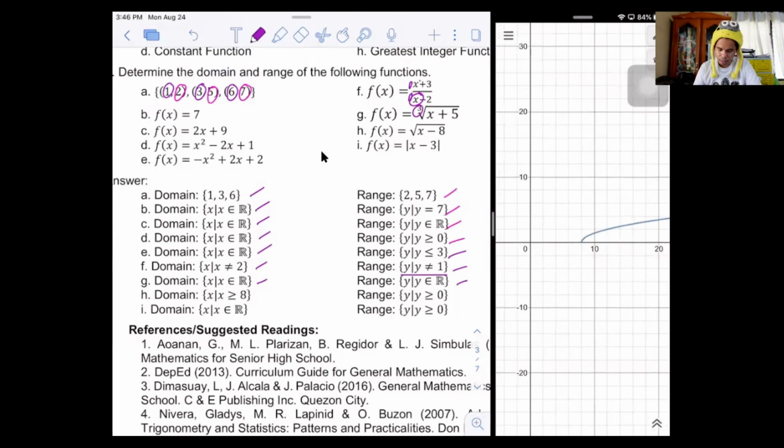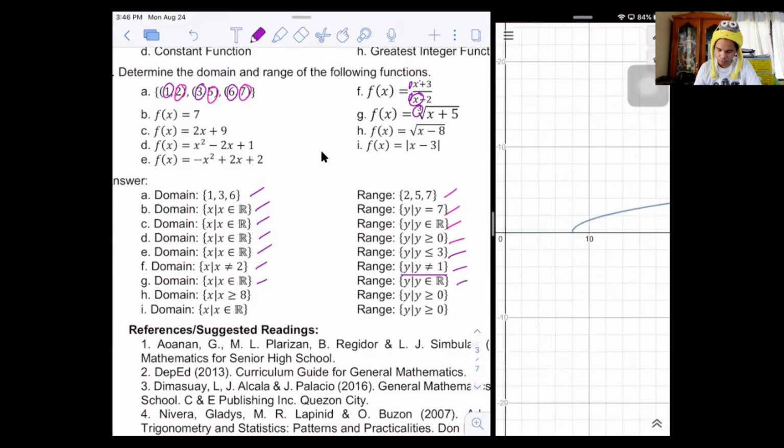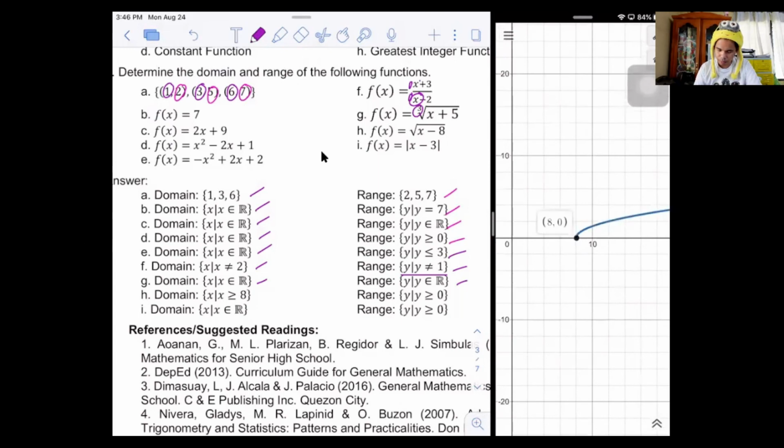The domain is what? So why is it that the domain is set of all x such that x is greater than or equal to 8? So whatever is the expression there, say for example x minus 8, you equate it with 0, so x equals 8.